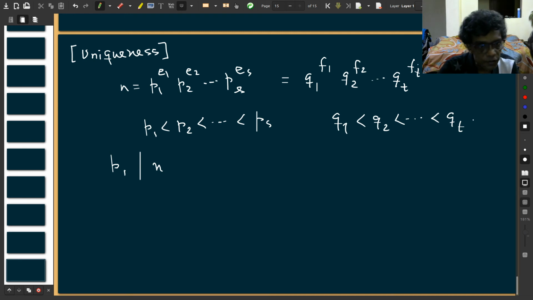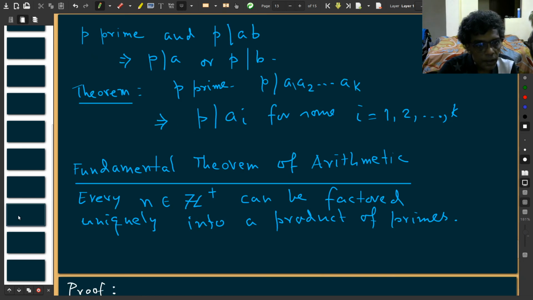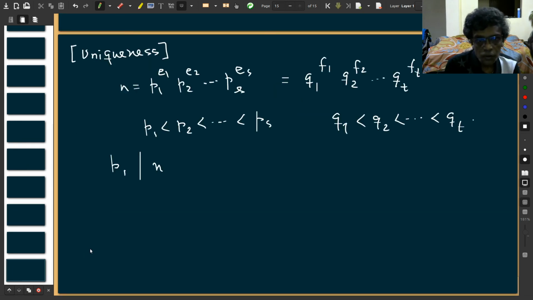Therefore, using the result that if p is prime and it divides a product, it divides at least one of these factors, p1 must divide some qj. But p1 and qj are both prime, so we must have p1 equal to qj.